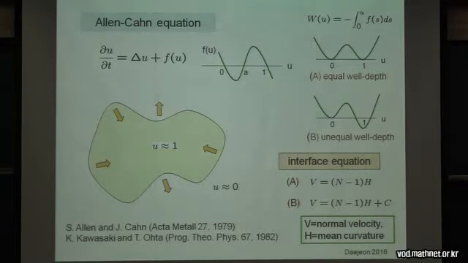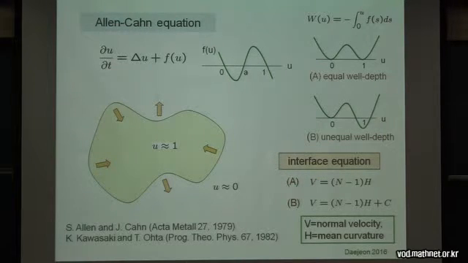In their case, f has equal well depth, so this is case A. And this formal analysis was later studied by many mathematicians, and at least in a singular limit, where certain parameters go to 0, they completely justified mathematically that the interface motion is precisely this.